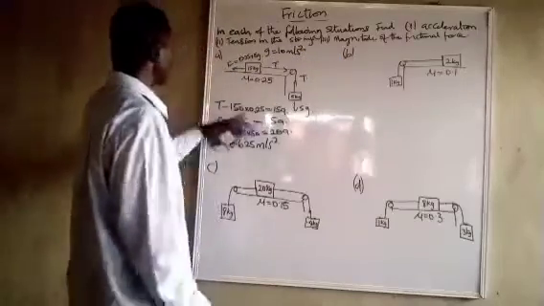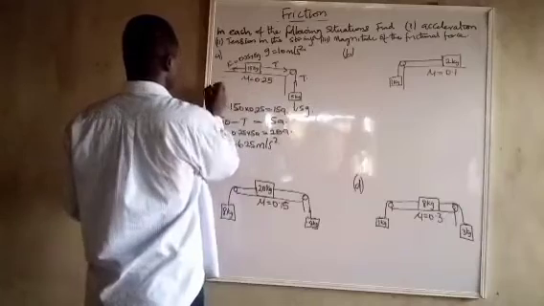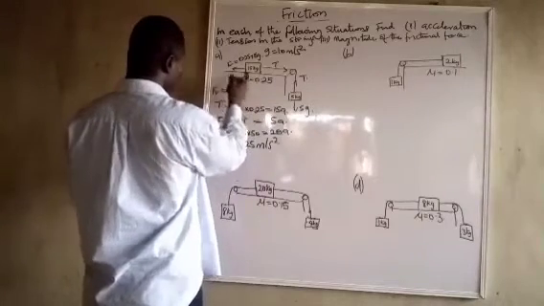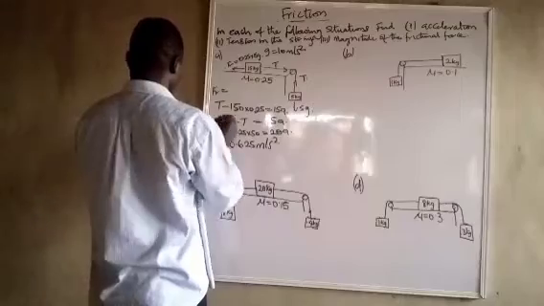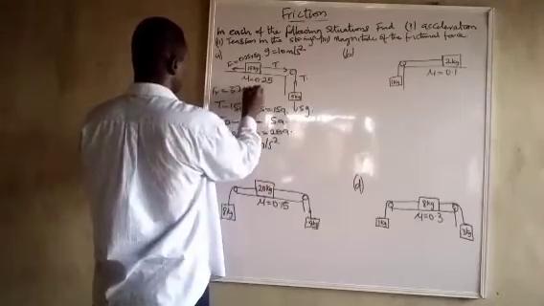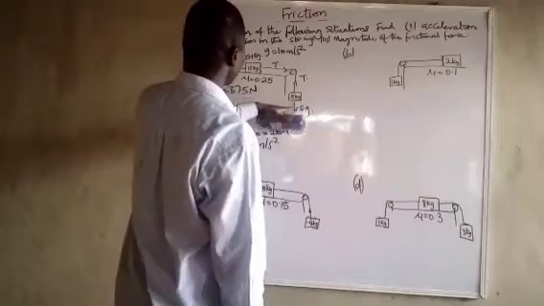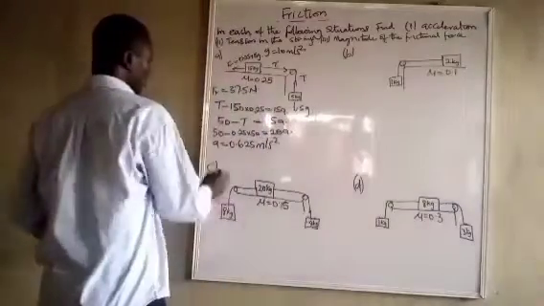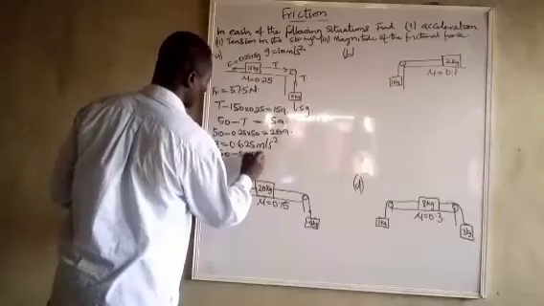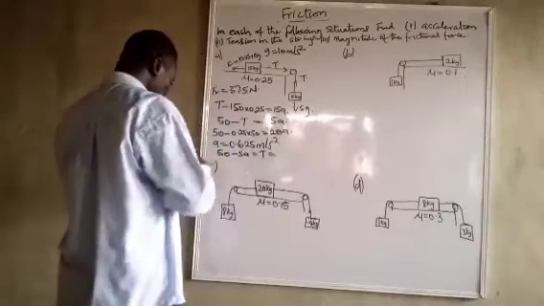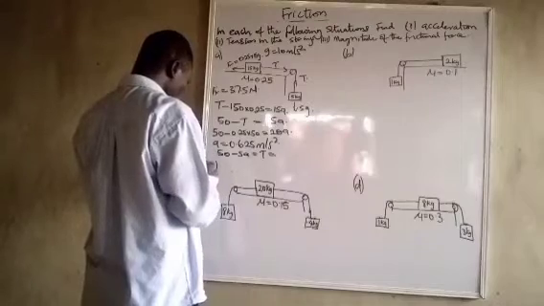We have gotten the magnitude of the frictional force because it's perpendicular. I've gotten the frictional force to be equal to 150 times 0.25, 37.5 Newton. And in this instance too, the tension T will be 50 minus 5a, and that is equal to 50 minus 5 times 0.625.